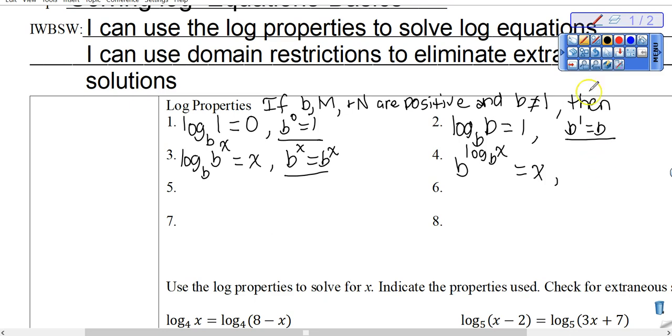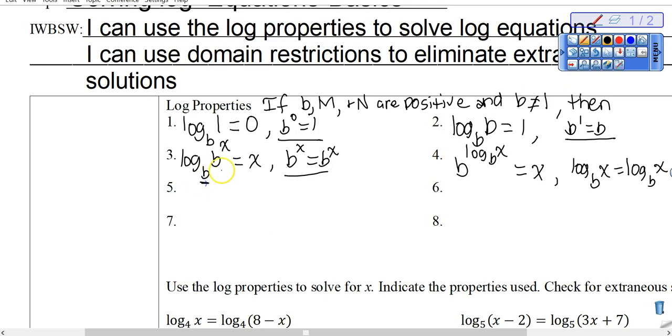But if you convert it to a logarithm, put the base back in the basement, right? Log, put the base back in the basement, and these two things switch sides. Log base b of x equals the exponent, log base b of x. True statement. So those 4 log properties, you're pretty much expected to memorize those or know those.